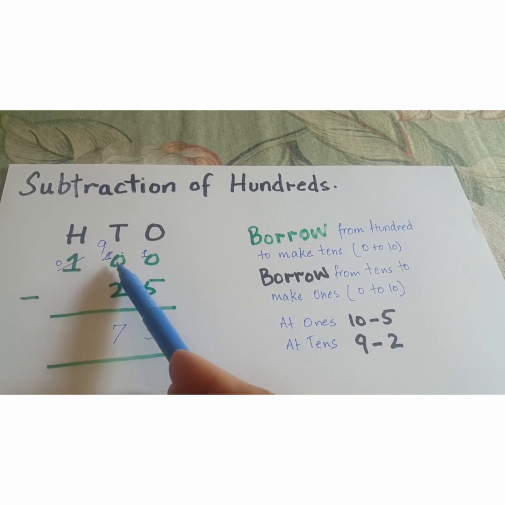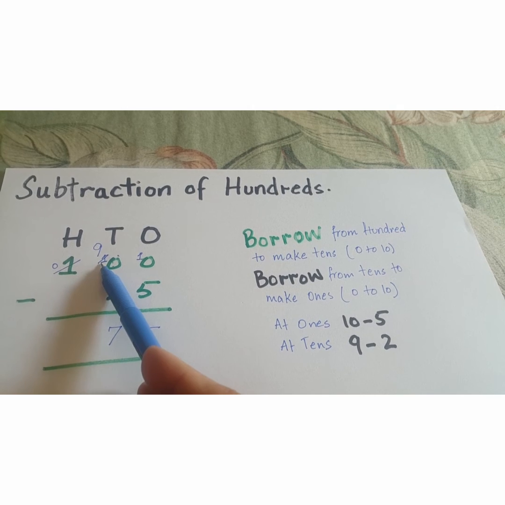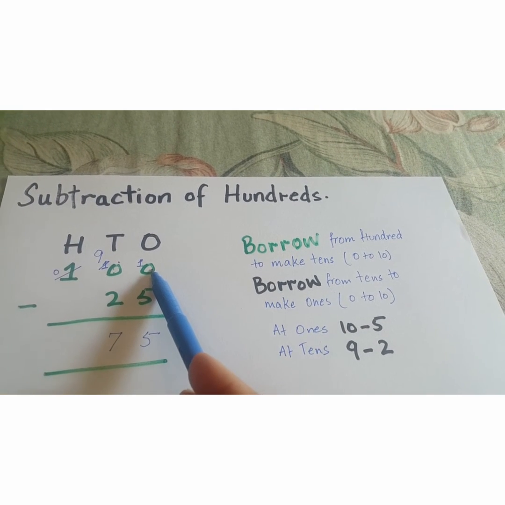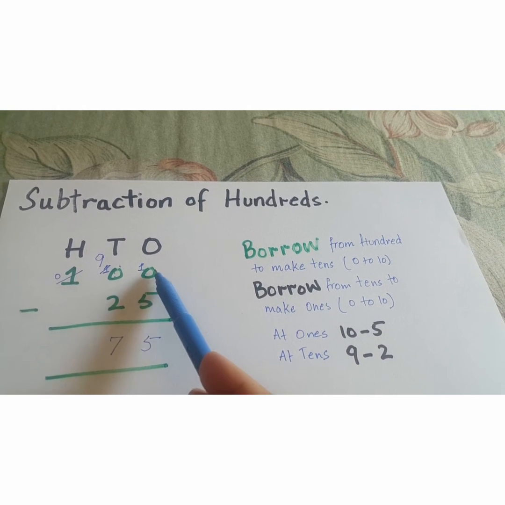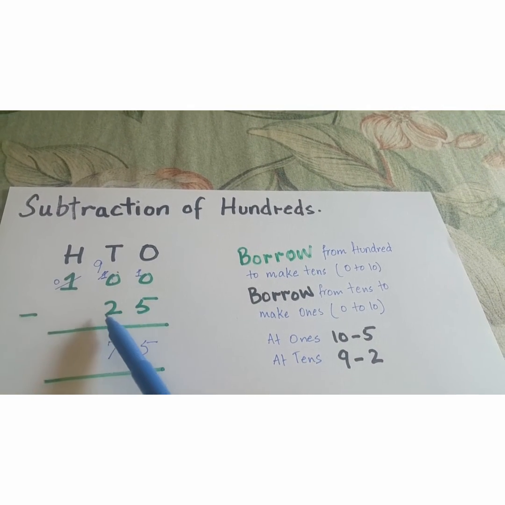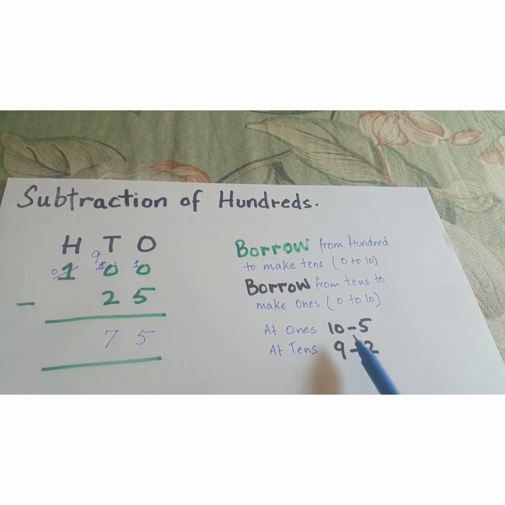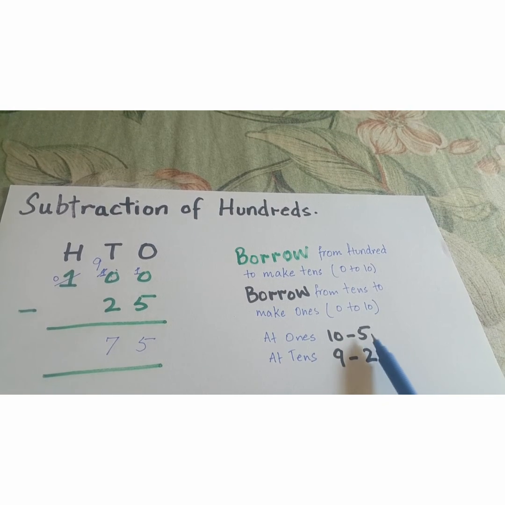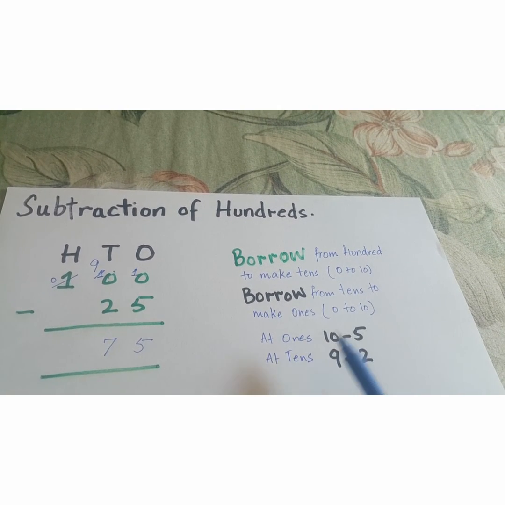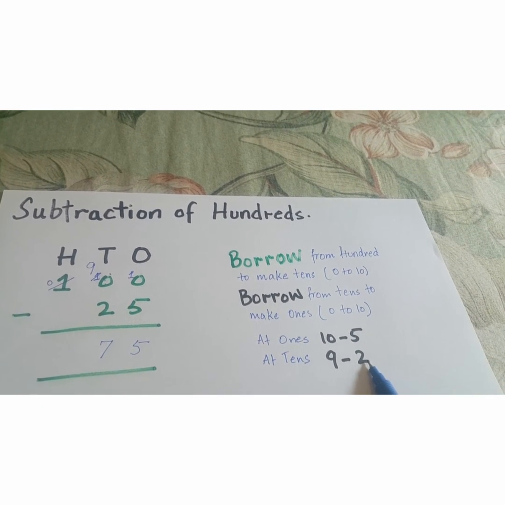And the value in the tens column will be now 9, because we have taken 1 from the 10 to make this 10. This will be 10 minus 5, and here 9 minus 2. So at ones we are subtracting 10 minus 5, and at tens we are subtracting 9 minus 2.